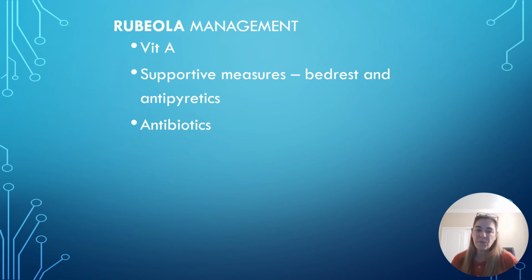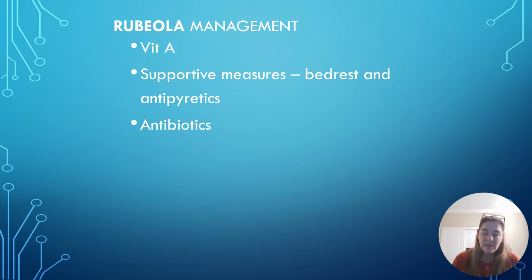Management of rubeola includes vitamin A. Administration of vitamin A is important, with the recommended dose depending on the age and size of the patient. Supportive measures also include bed rest and giving medications for fever or for pain.